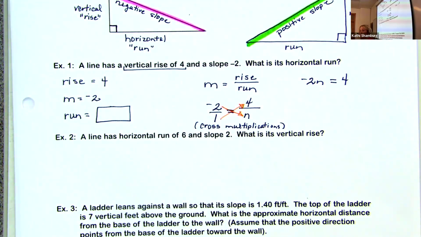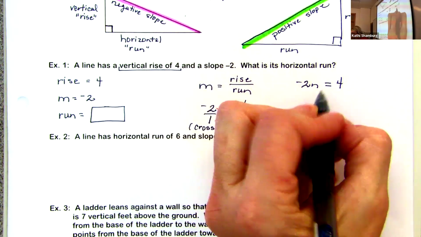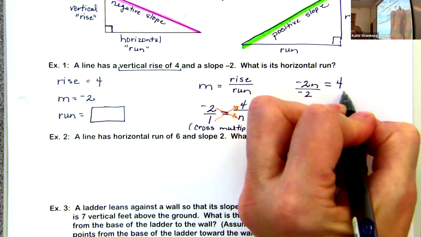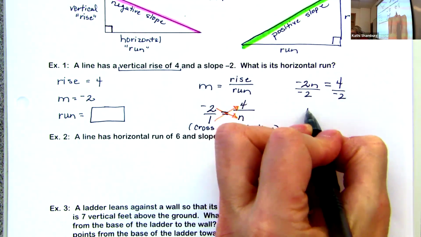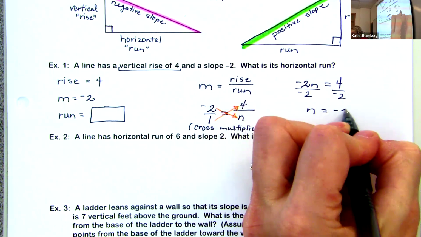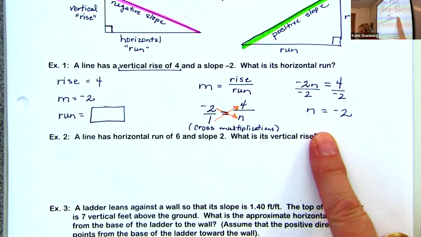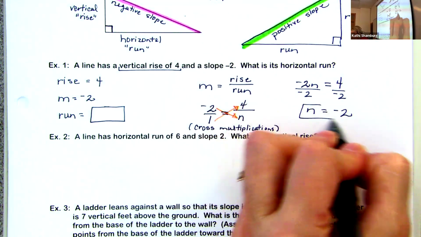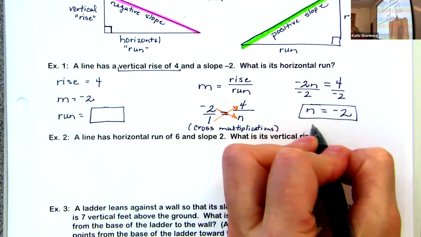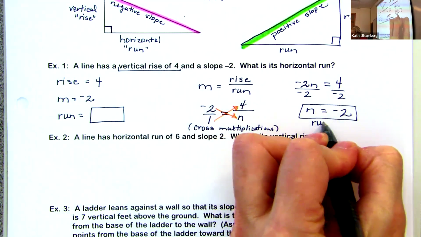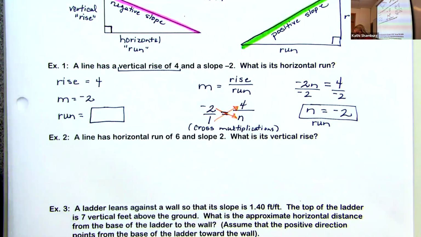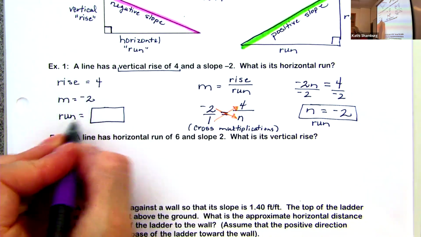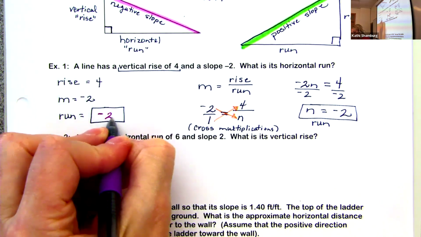And then to undo this multiplication, we're going to divide. And we get n equals -2. What have I just found here? The horizontal run. So we found the run to be equal to -2.